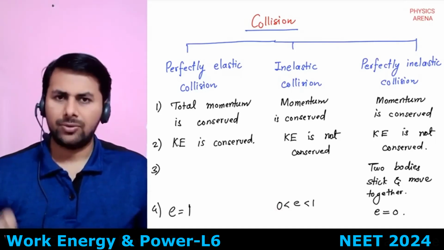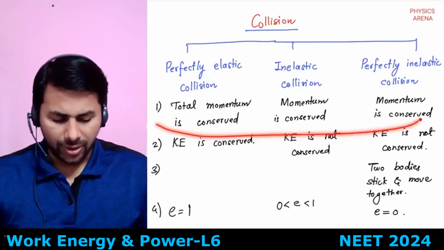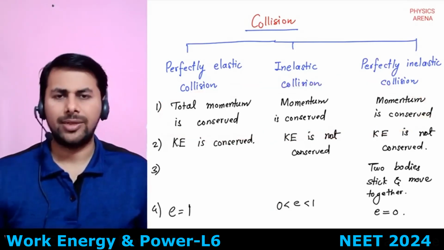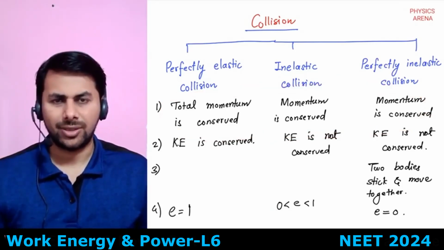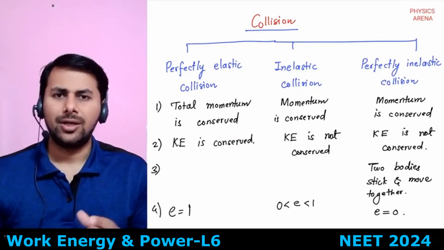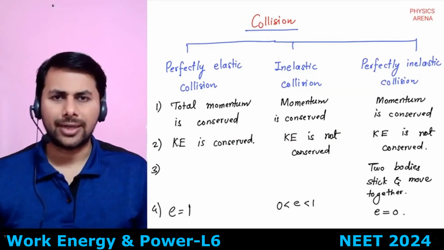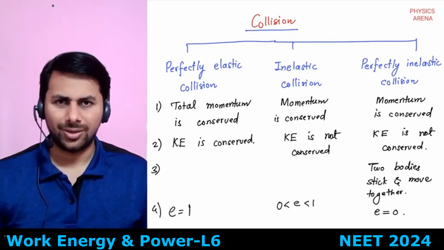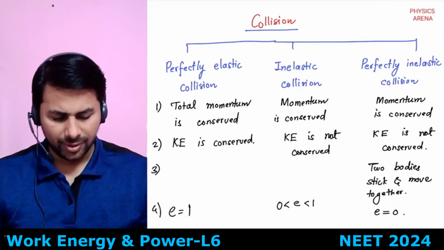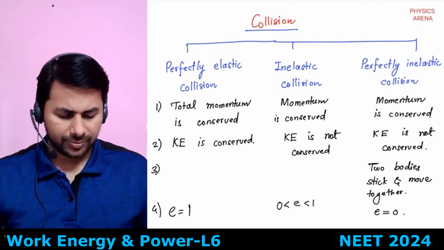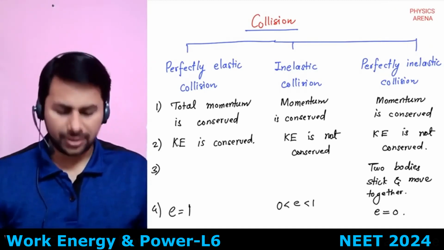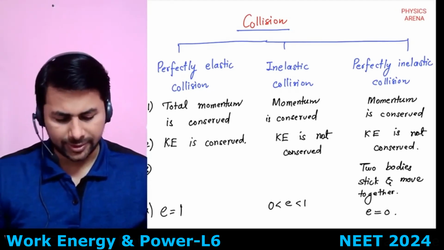One more thing: for all kinds of collisions, momentum is conserved. The total momentum before the collision is equal to the total momentum after the collision in all kinds of collisions. So these are the factors which separate elastic and inelastic collisions.